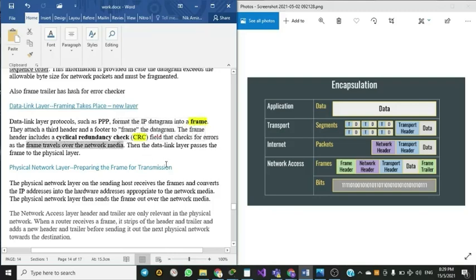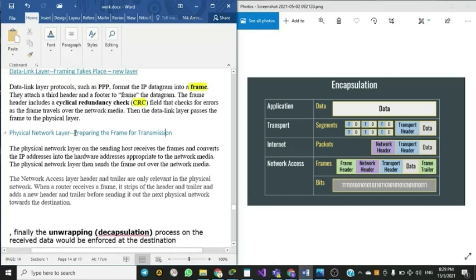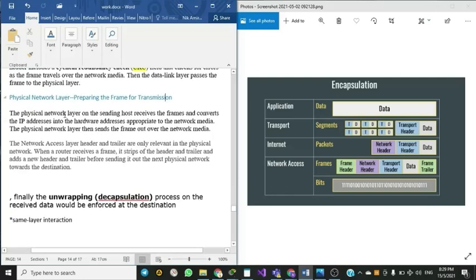Then the data link layer passes the frame to the physical layer. So the physical layer on the sending host receives the frame and converts the IP address into a hardware address appropriate to the network media.